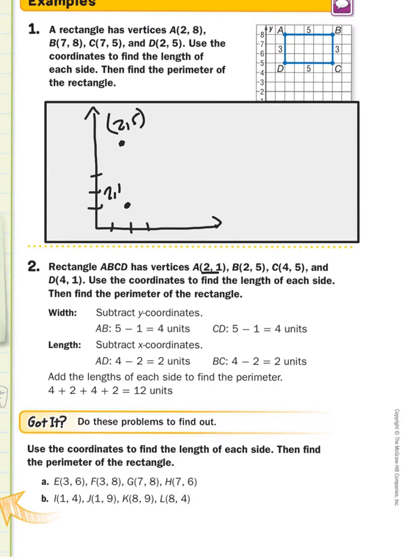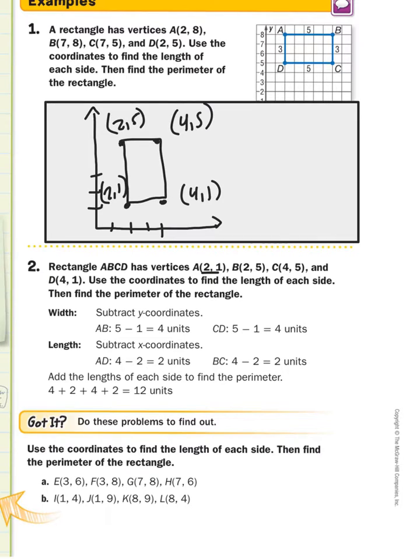C is at 4, 5, so I'd go over 4 and up 5. So that's at 4, 5. And then D is at 4, 1, so over 4 and up 1. So I just wrote them down, and I don't need to draw anything for this, but this hopefully will make it easier to see.